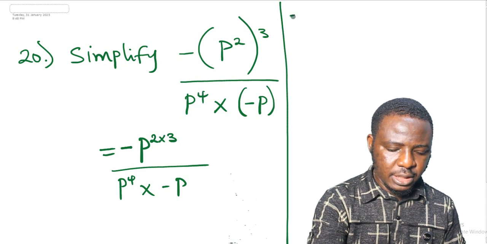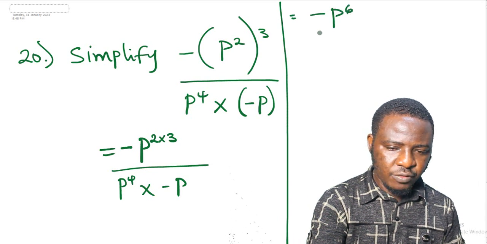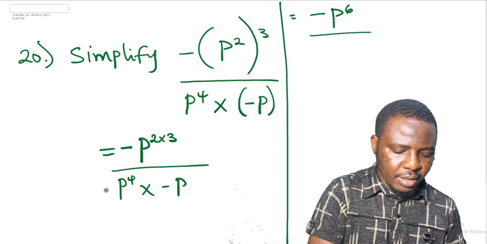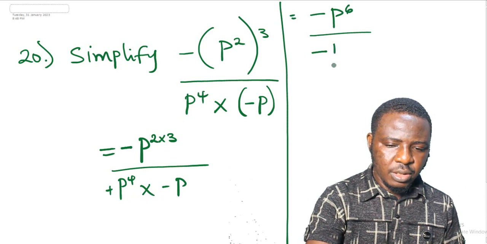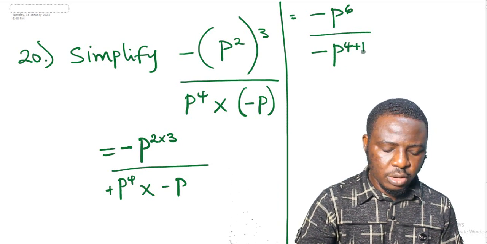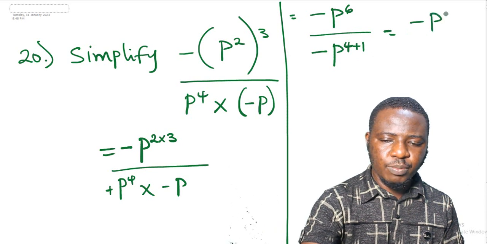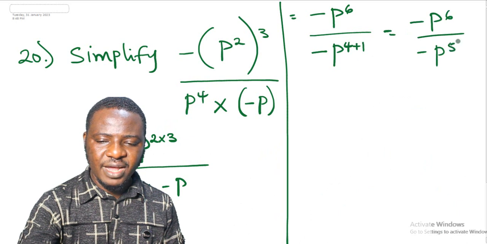This is equal to minus p raised to the power of 6 divided by, this is plus, so plus times minus is minus, p raised to the power of 4 plus 1. So this is equal to minus p to power 6 divided by minus p to power 5.